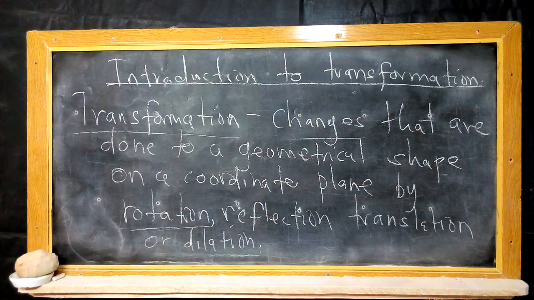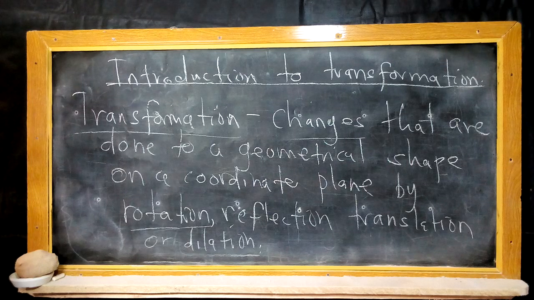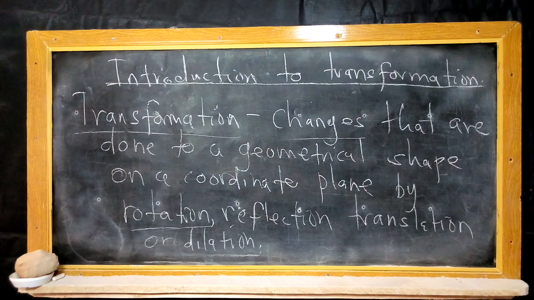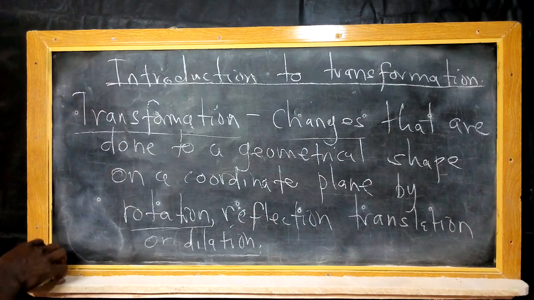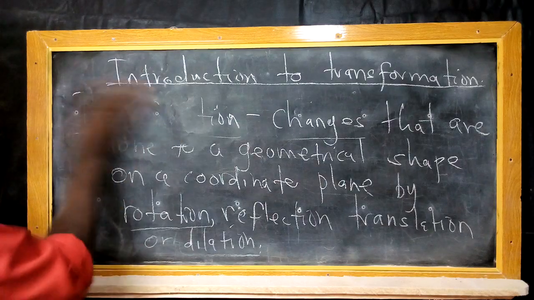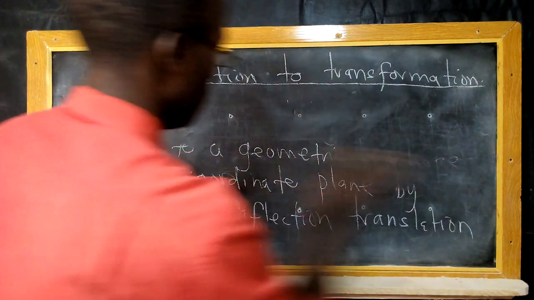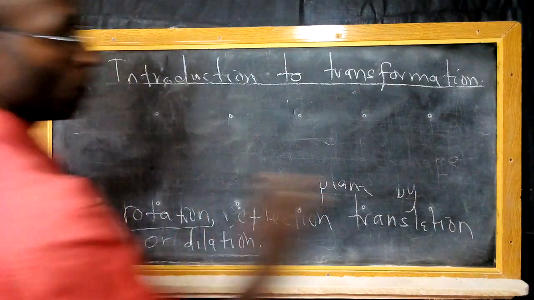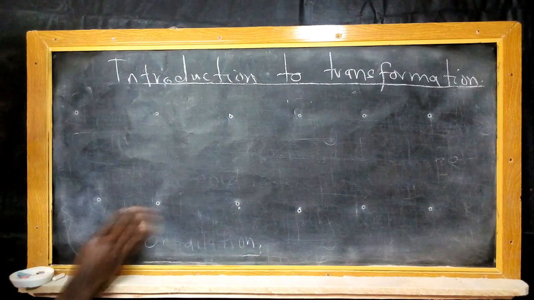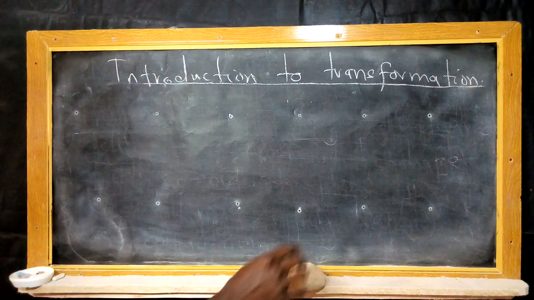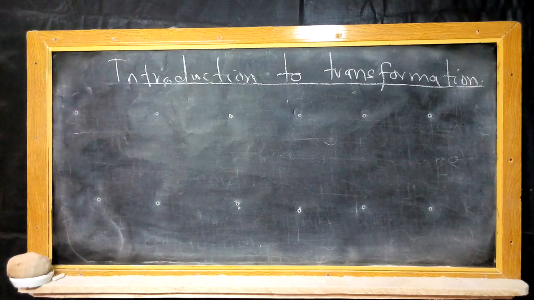So we're going to look at these four different aspects of transformation as a branch in geometry, given this definition.